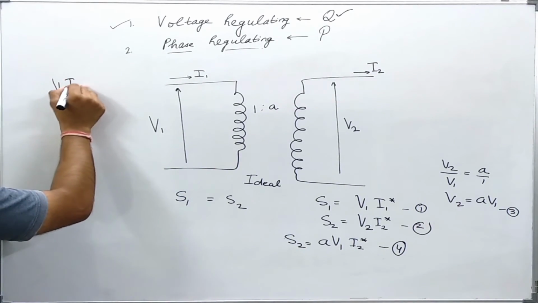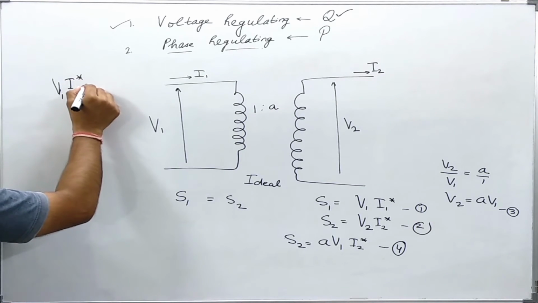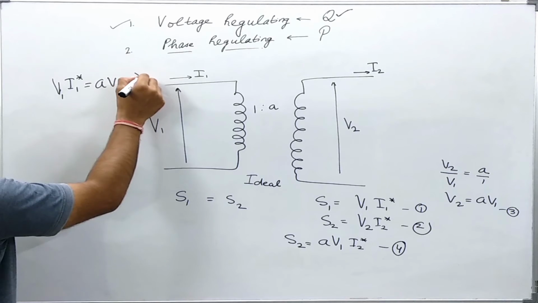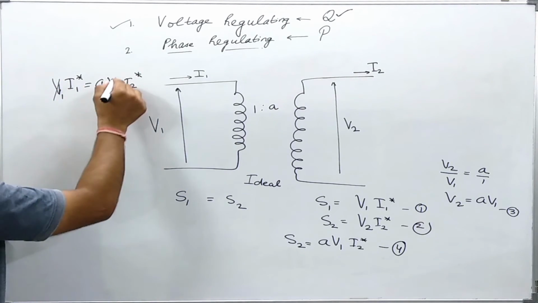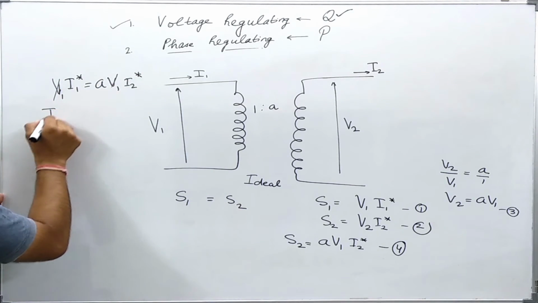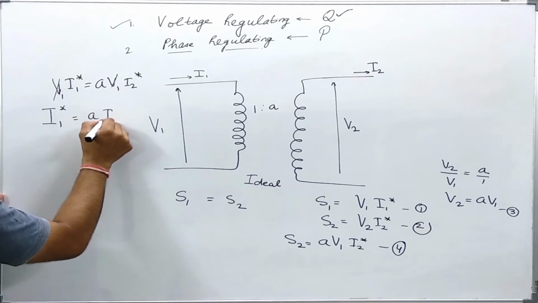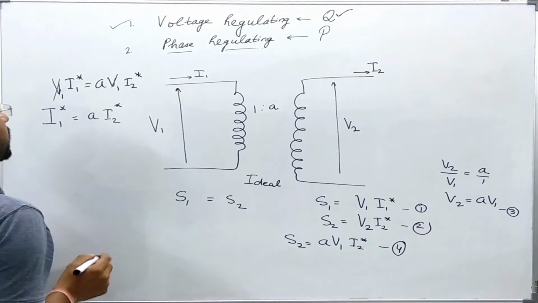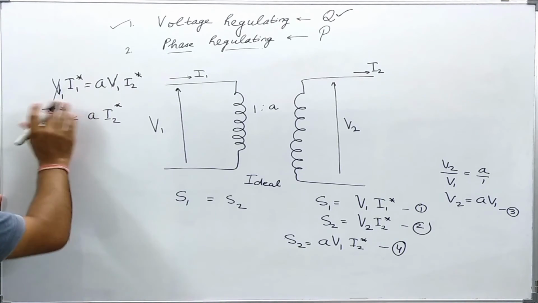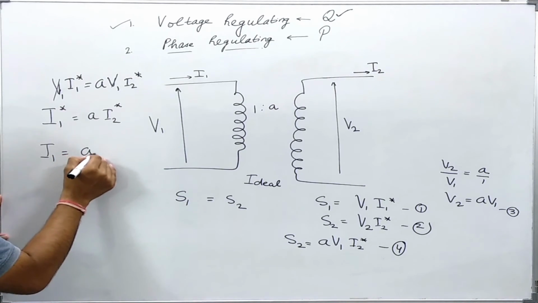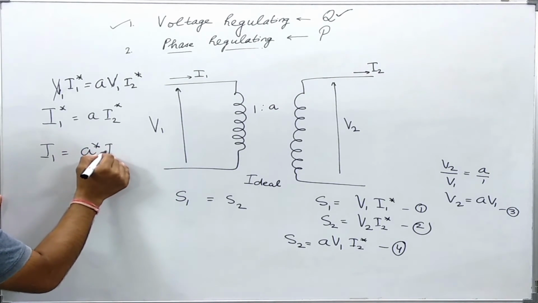V1 I1 conjugate is equal to A V1 I2 conjugate. V1 gets cancelled, so I1 conjugate is equal to A I2 conjugate. Now if I take the conjugate on both sides, what will I get? I1 is simply equal to A conjugate I2.